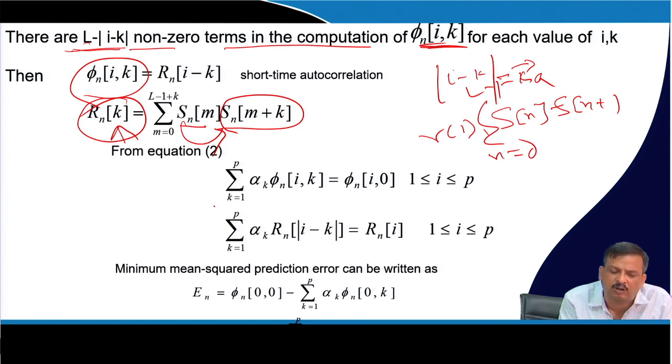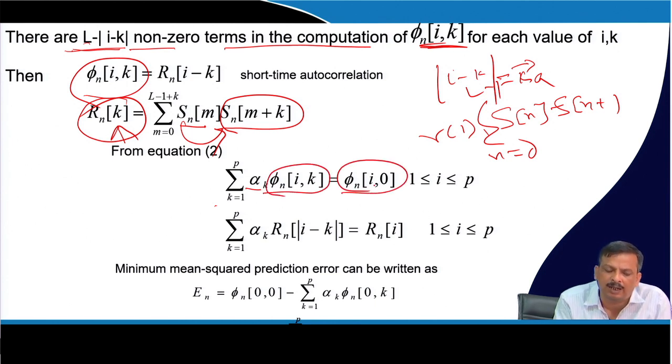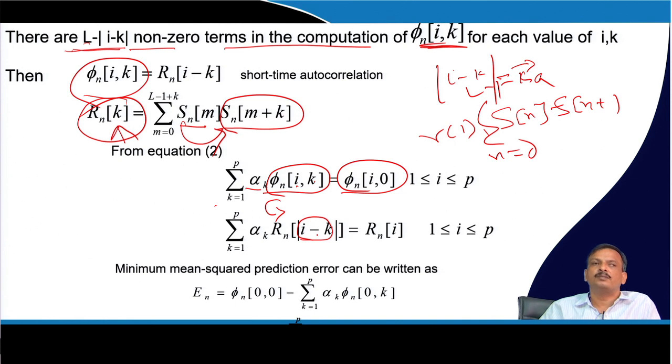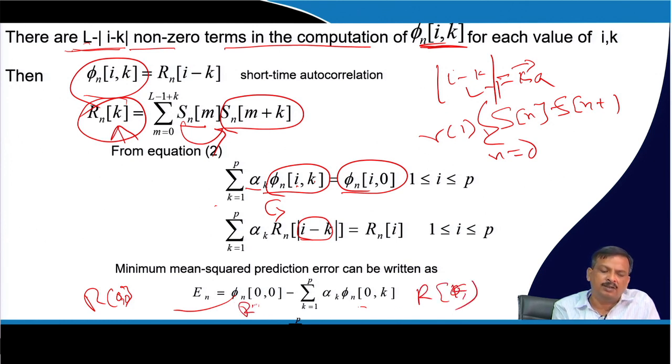The equation, the sum over k equal to 1 to p of alpha k phi ik, equals phi i0, can be replaced by R_n(i minus k). And the minimum mean square error, again phi can be replaced by R0: R0 minus the sum of alpha k R k, where R0 is the energy of the signal.